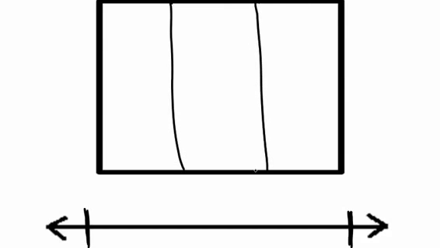We know that when we break something into 3 equal parts, we break it into thirds, like this. I could count each of these equal pieces by thirds: 1/3, 2/3, 3/3.